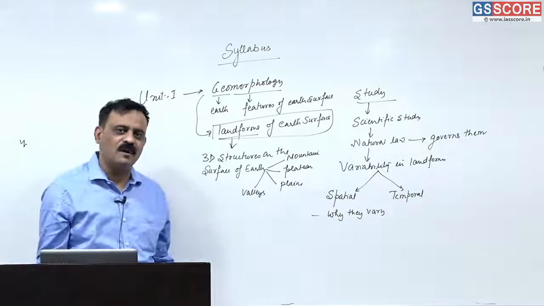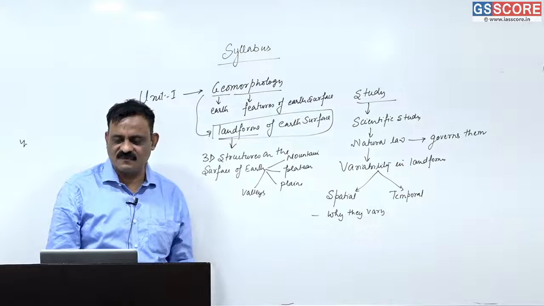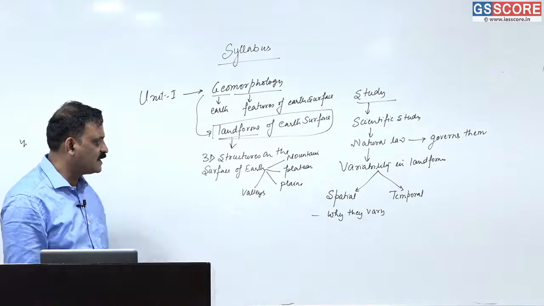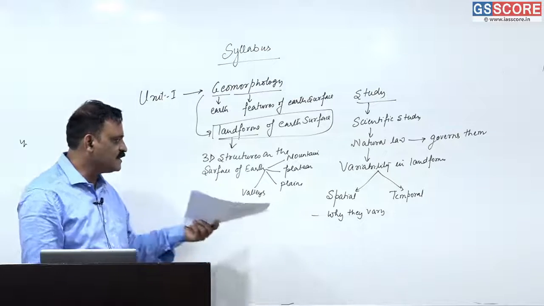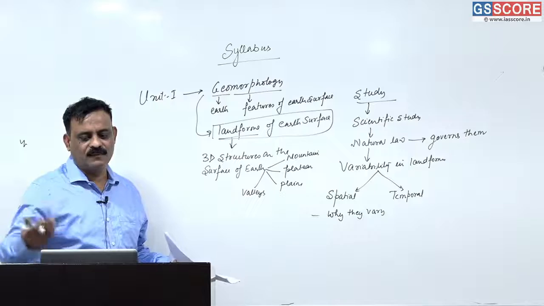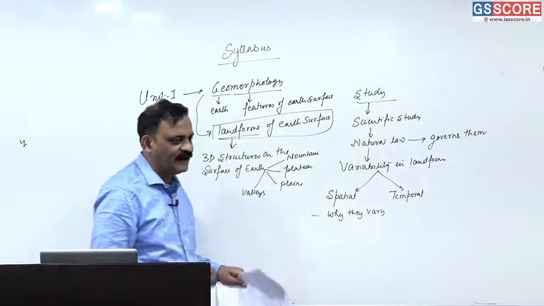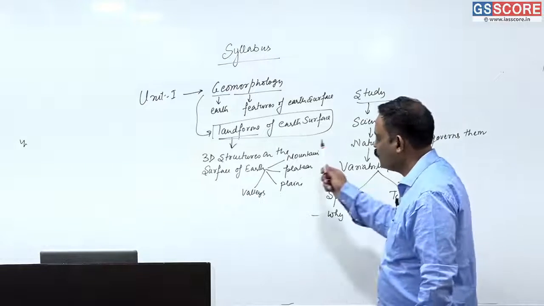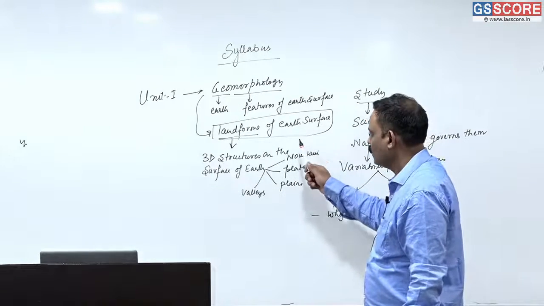Why do we not have mountains at all the places on our earth's surface, why do we have plains at some places, plateaus at some places, mountains at some places and valleys at some places but not at all the places?